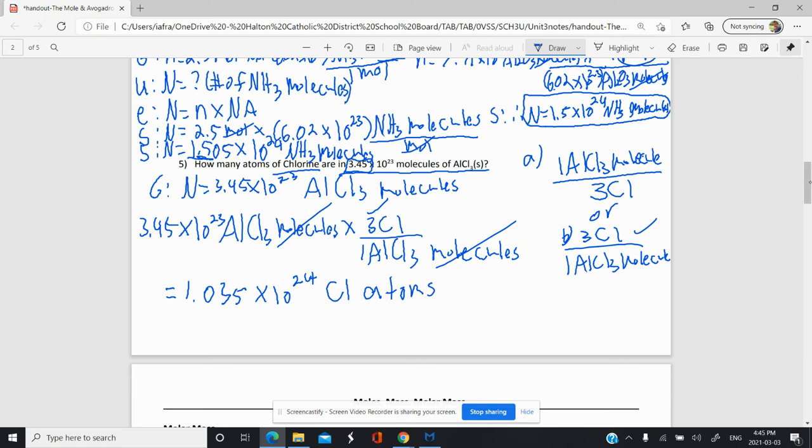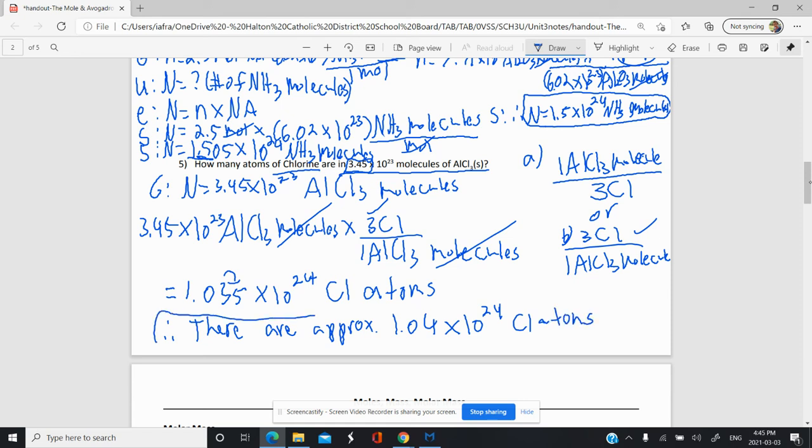So our therefore statement is: therefore, there are approximately 1.04 times 10 to the power of 24 Cl atoms, because we're rounding up since we want to make it an even number. And that is our rounded answer to the correct number of sig figs. So we have 3 significant figures there.